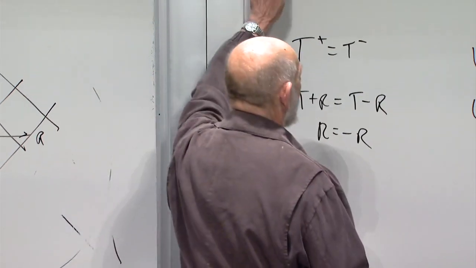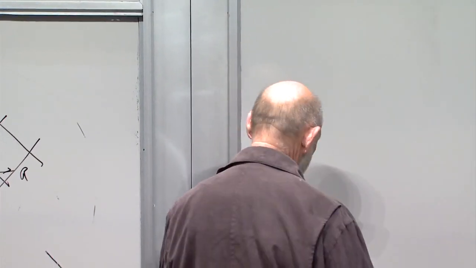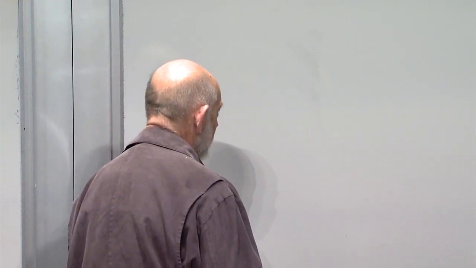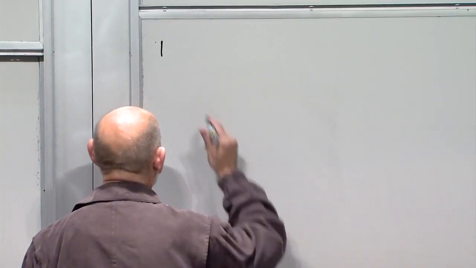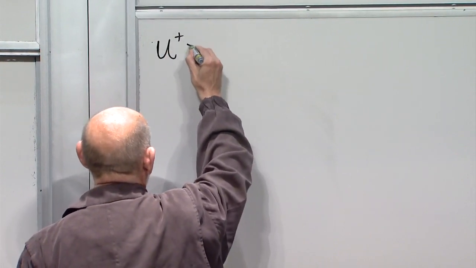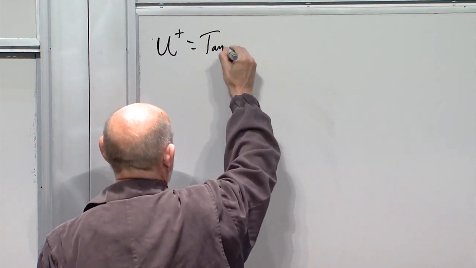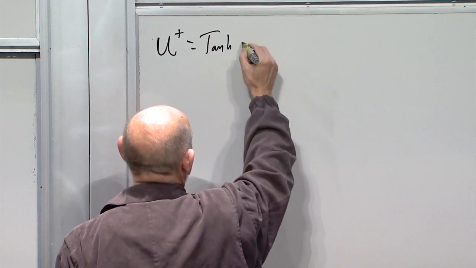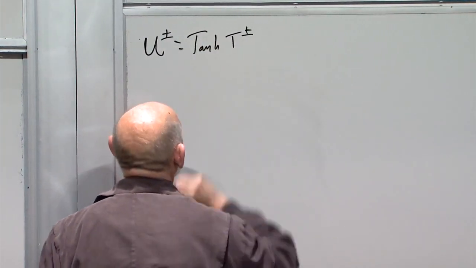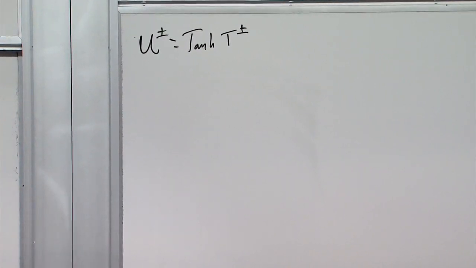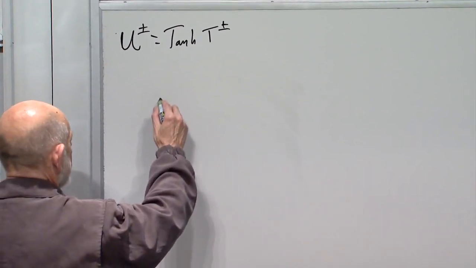So let's draw our same space-time with these new coordinates. I think I erased them, but let's put them back. U plus equals hyperbolic tangent of t plus, and same thing for minus. As we move out, let's redraw our picture.